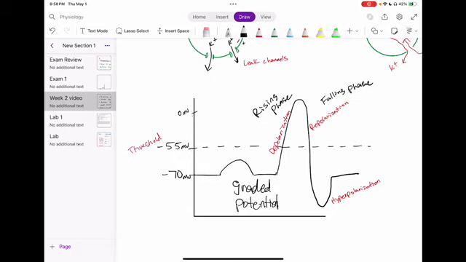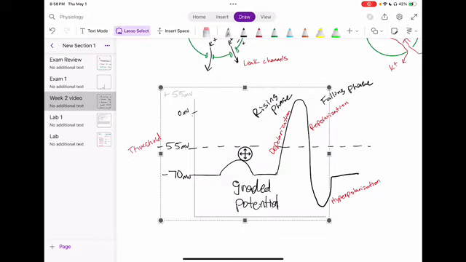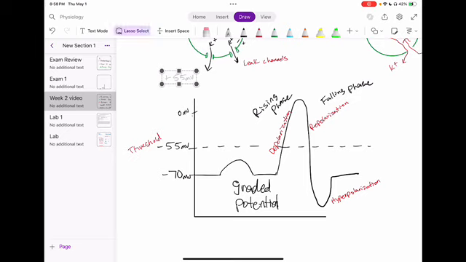So sodium wants a positive 35 millivolts. We can see the driving force here is really low. As in here too, for potassium at negative 94 millivolts, the driving force is very low.